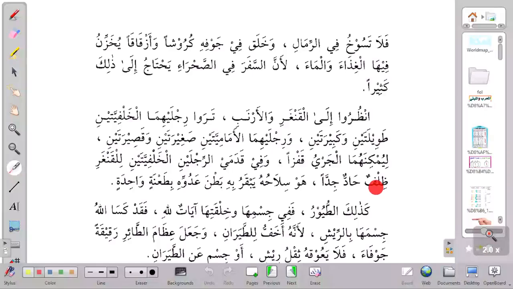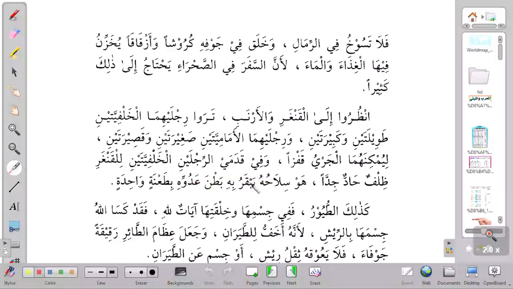Okay, so in the two back legs there are hoofs. Hadun jiddan, it is very sharp. Huwa silahuhu, it is his silah, his weapon. Yabqaru bihi batna aduwihi, it pierces, it stabs by means of it the stomach of his enemy.